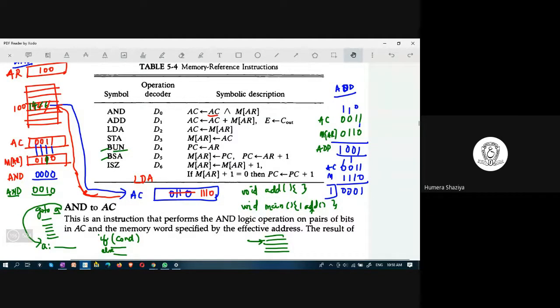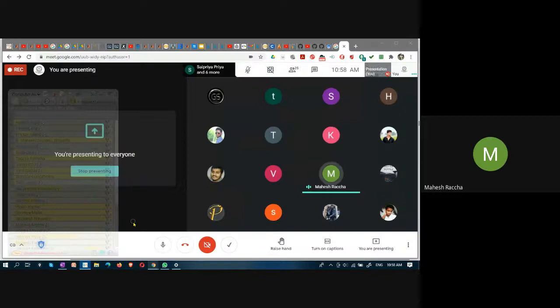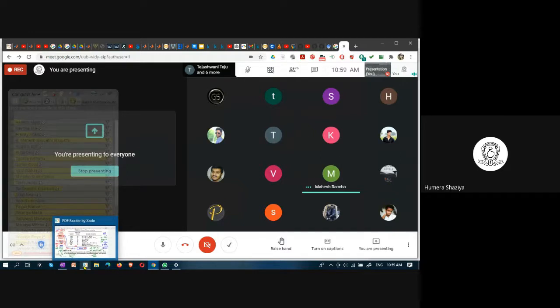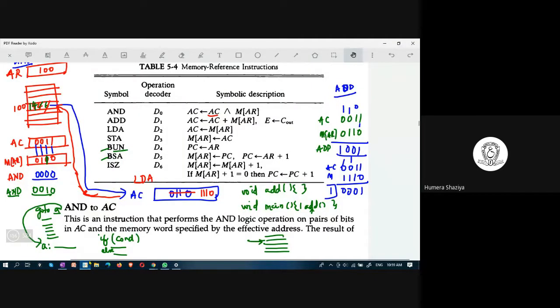Ma'am, in the program counter, whenever an instruction is executed, it is incremented, no, ma'am? Yes, the program counter is incremented whenever any instruction is executed. It stores the address of the next instruction.